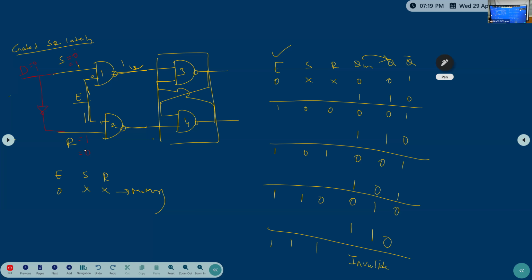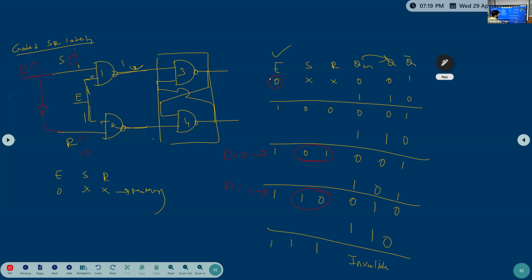When D equal to 0, the 0 1 case will be executed. When D equal to 1, S equal to 1, R equal to 0, this case will be executed. If E equal to 0, then the memory state will be there.